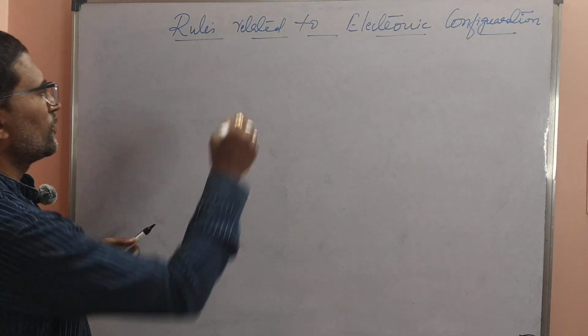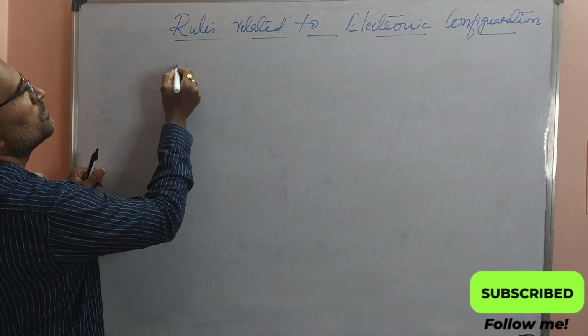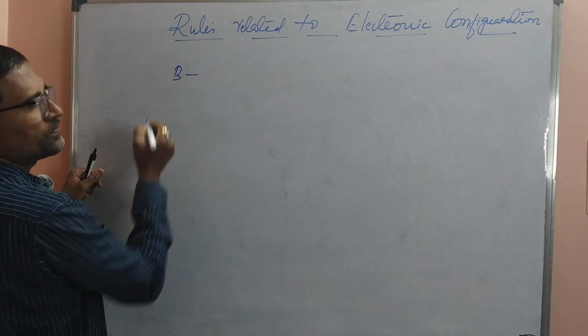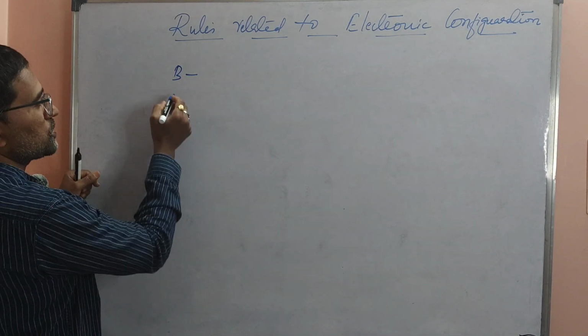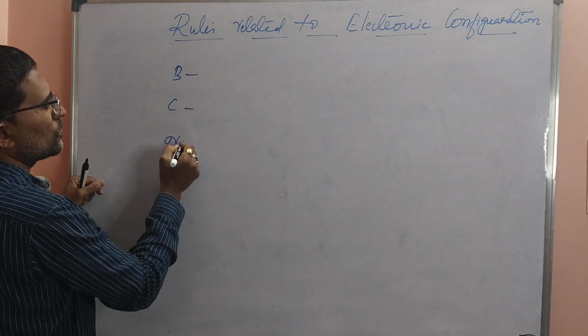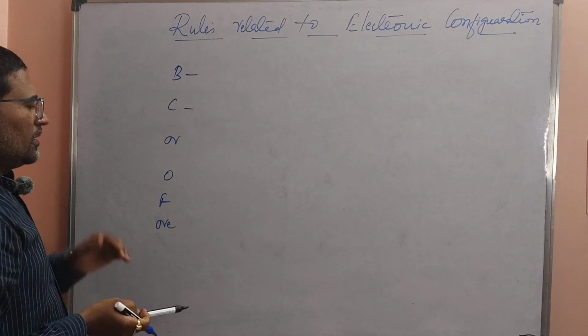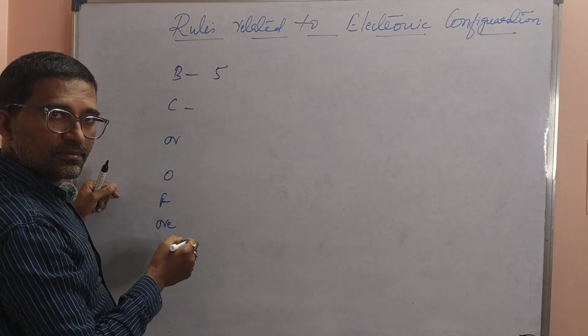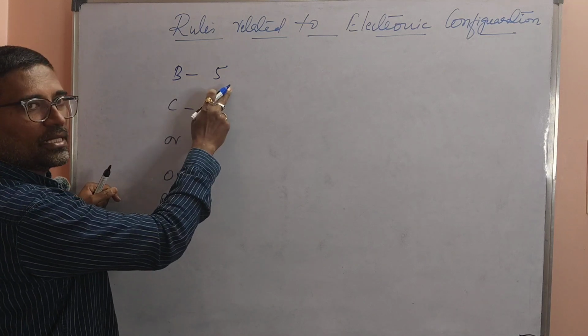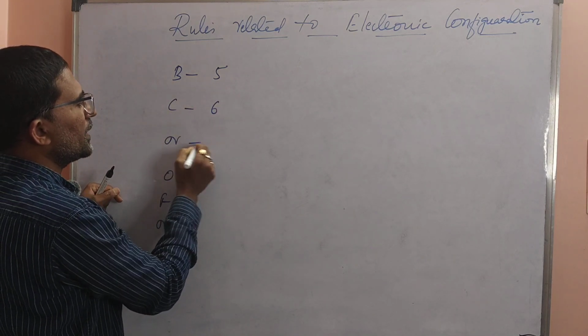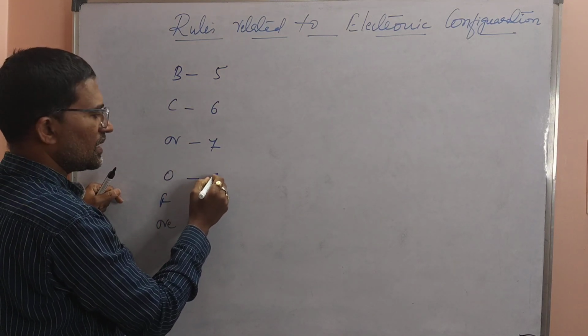Now I will go with a small example for ease of understanding. I will start from the element boron. I will go through several examples: boron, carbon, nitrogen, oxygen, fluorine, neon. Boron atomic number is 5. Carbon is 6. Nitrogen is 7. Oxygen is 8.